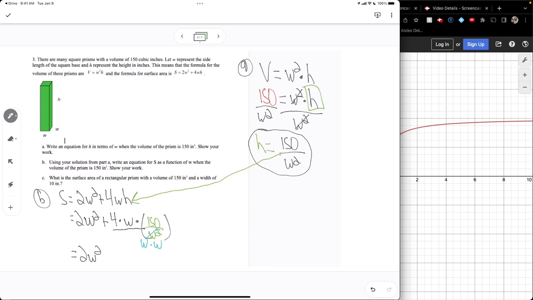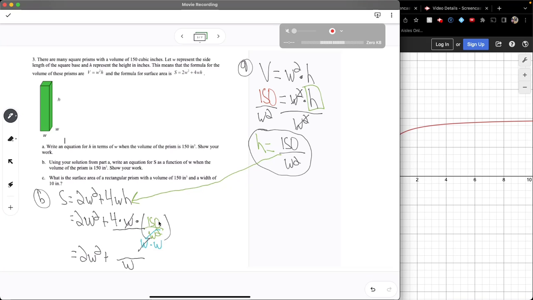So what's going to happen is the W in the numerator is going to cancel out one of the two W's that are in the denominator, leaving me with one W in the denominator. So let me recap what I just said. The W squared in the denominator is W times W, two W's. The W that's up in the numerator will cancel out one of the two that's down here, leaving me with 1W in the denominator.